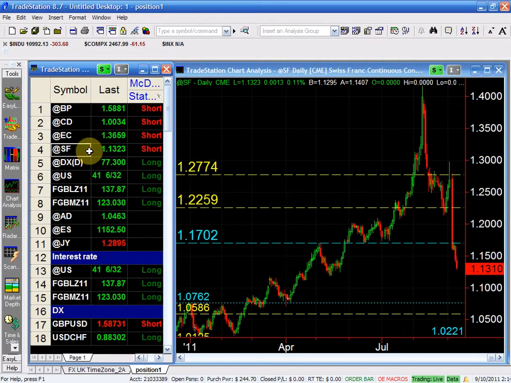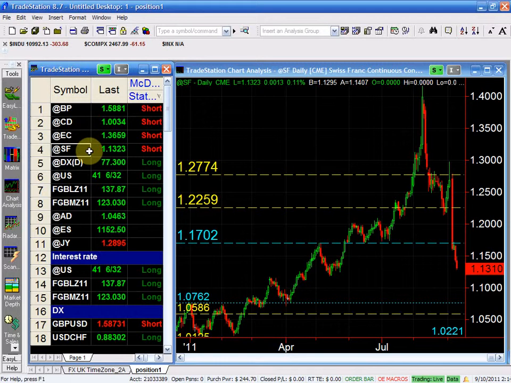Again, these are the bona fide pairs that we have first-hand information on, what is going on with these pairs, and that they give us clear tradable signals.